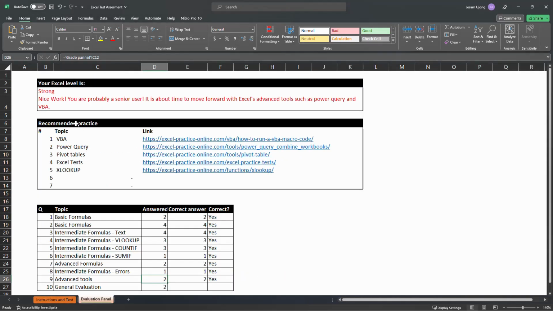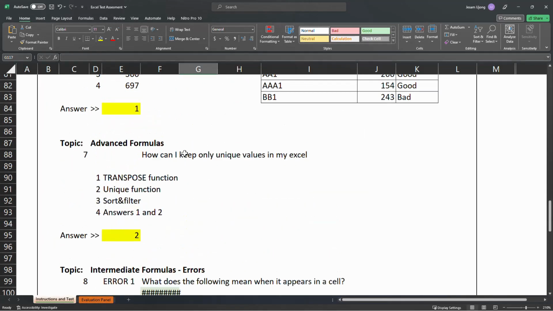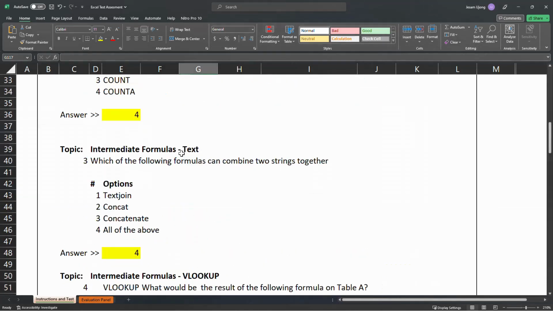Okay, so there's some feedback, and I'd already manipulated the results, right? And for everybody, nice work. You're probably a senior user. It is about time to move forward to Excel advanced tools such as Power Query and VBA. So it's something for y'all to look up to, getting into this at some point when you feel strong in Excel.